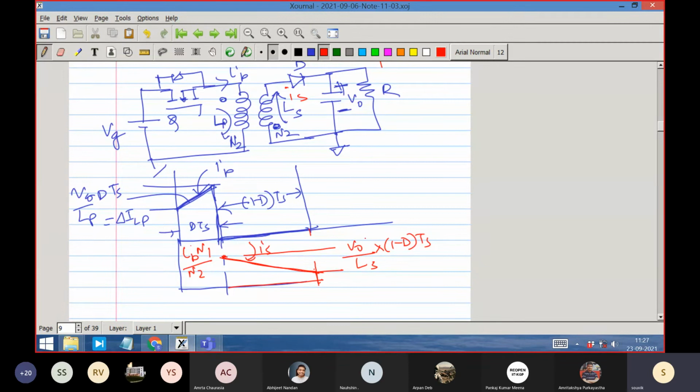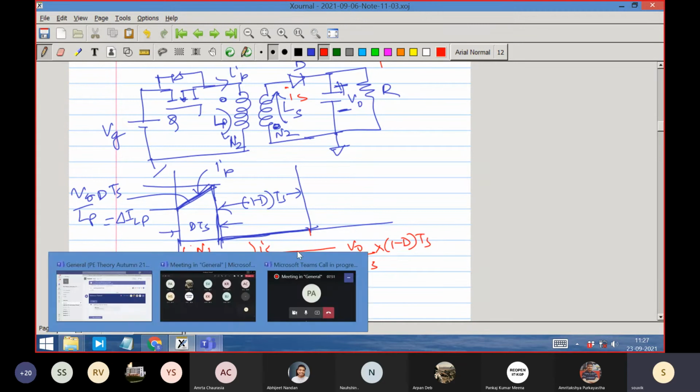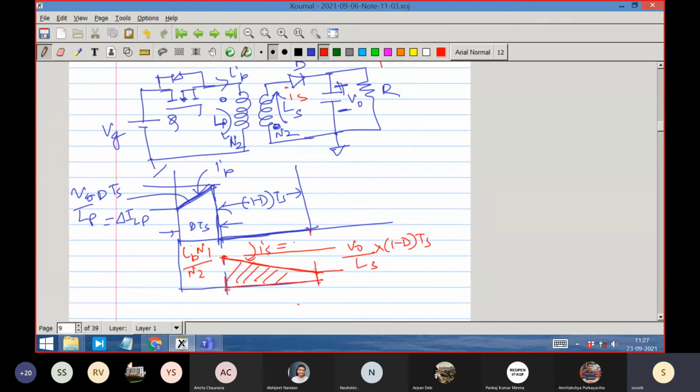And how is the output current decided? This current's average value will be equal to V0 by R. Looking at the secondary side, this is equal to the diode current as well. IS is equal to ID, so secondary side current and diode current are equal. IP is equal to IQ as well.